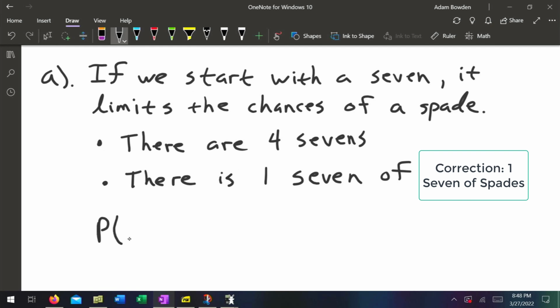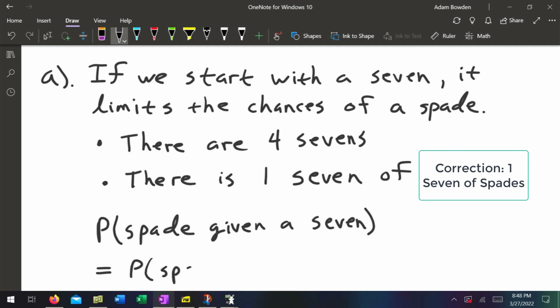So when we talk about the probability of a spade given a card is a 7, that would be with the notation of probability of spade given a 7.